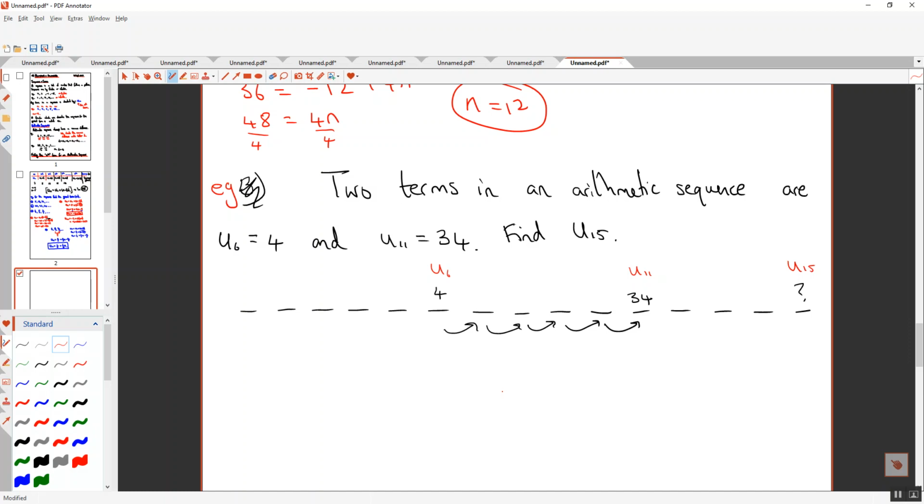So if I don't know what u1 is, then I can't use the formula to find u.